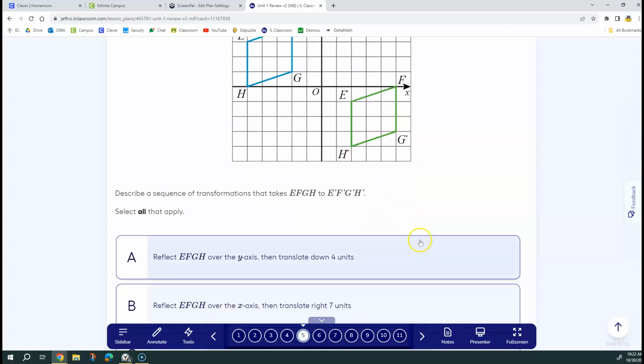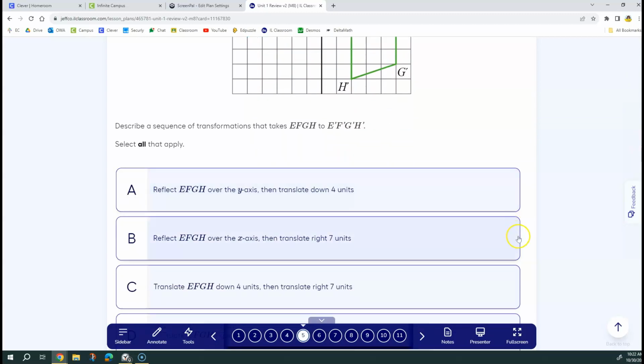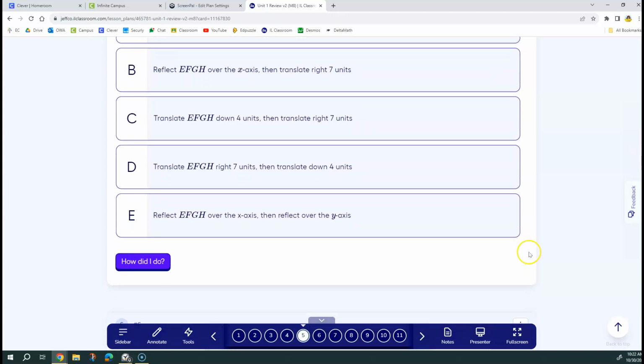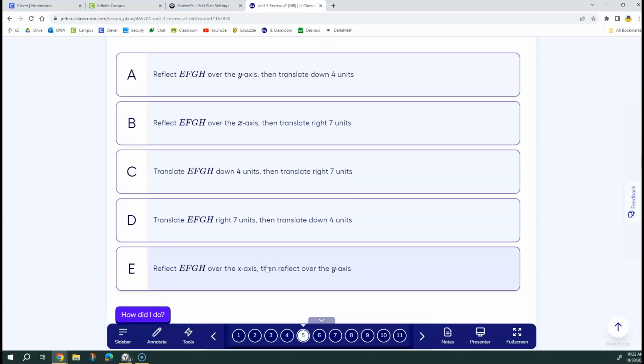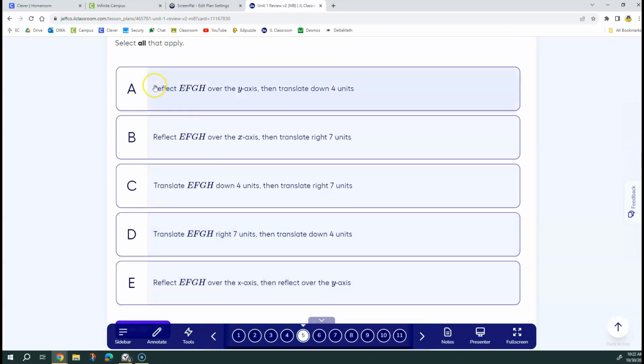So I can eliminate A, B, and E because all 3 of those have a reflection as part of the transformation.